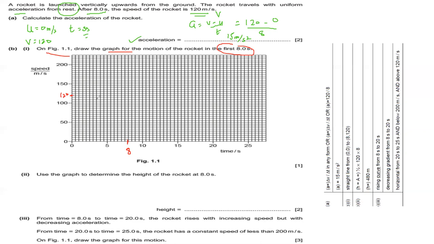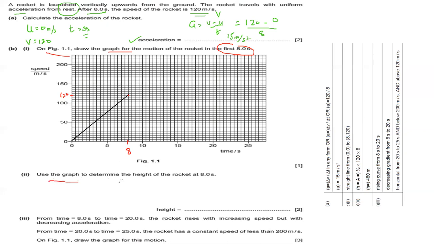So when the time is 8, the speed is 120. So it will be a straight line with a constant slope. So we completed this part of the graph, that for first 8 seconds the rocket was having a constant acceleration.